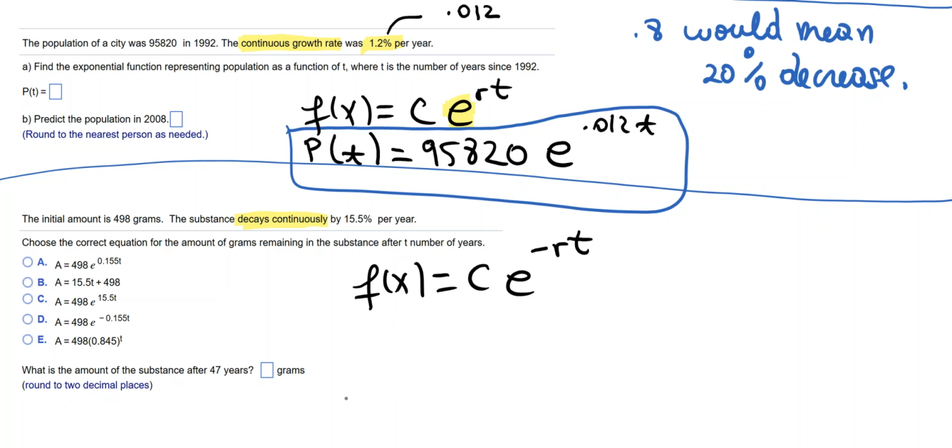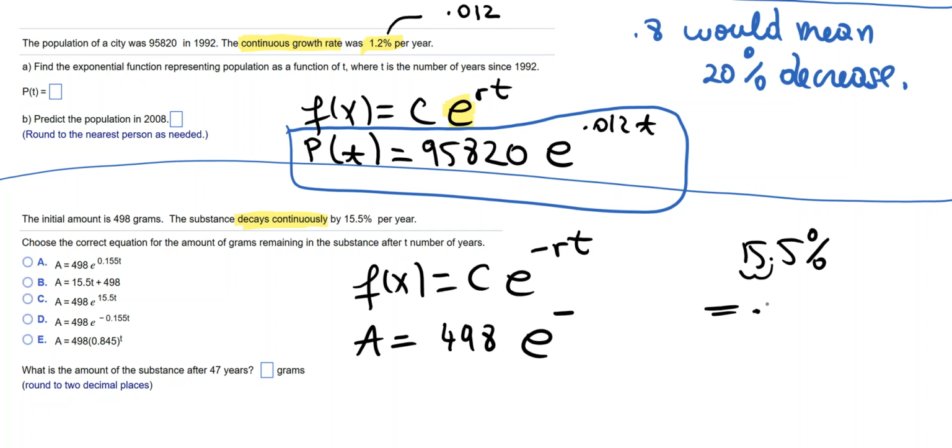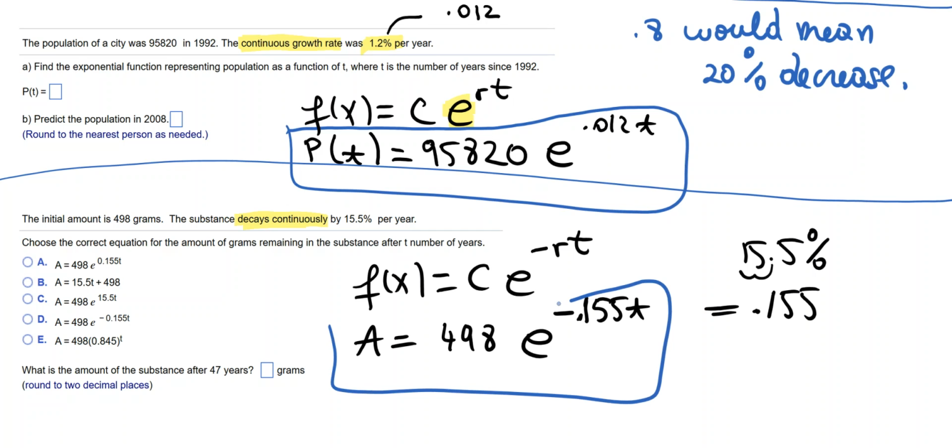Let's call this one amount. So I start with 498, e to the negative. What is the rate? 15.5% in decimal means I move the decimal twice, so it'll be 0.155. So it'll be to the minus 0.155t. So this is the formula that I need to work with.